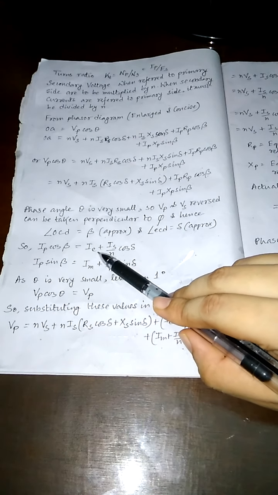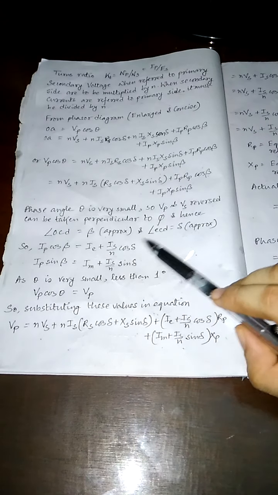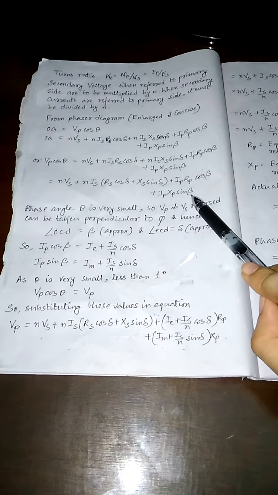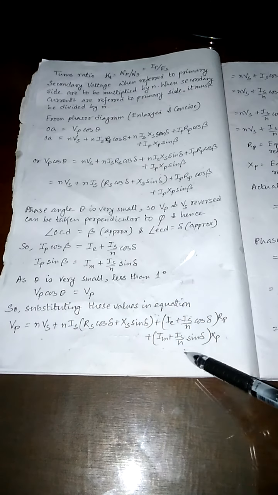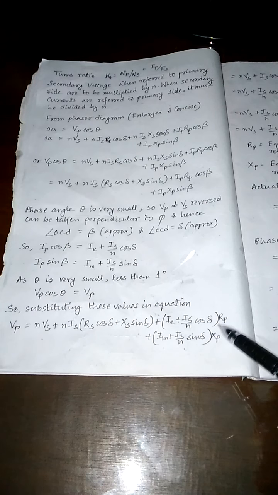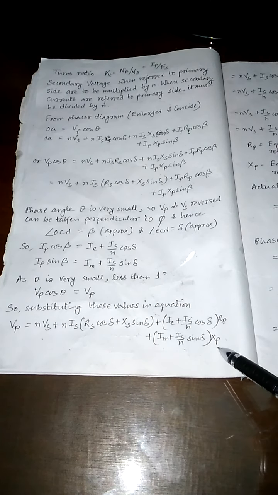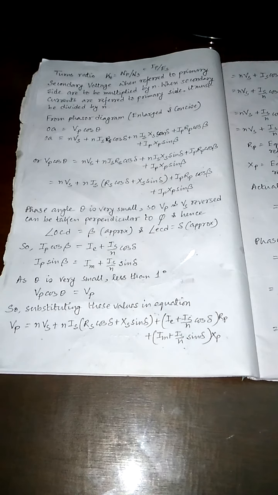Now we find that IP cos beta is IE plus IS by N cos sigma, and also IP sin beta means IM plus IS by N sin sigma. So that is IE plus IS by N cos sigma into RP, plus IM plus IS by N sin sigma into XP. So this is the total term.